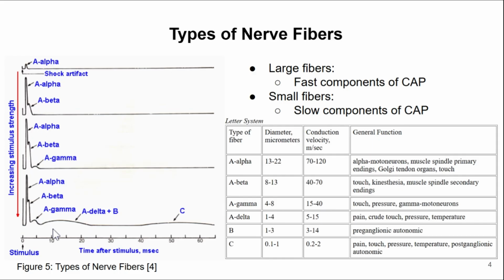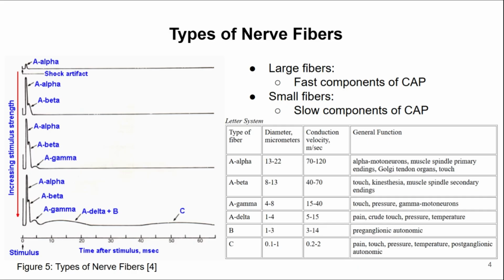The number of peaks is different, and there are some peaks at later times also, which are not present earlier. So we can see an A alpha peak at 2 millisecond, then A beta peak at 4 millisecond, and so on. So there are 1, 2, 3, 4, 5, and 6 different peaks present in this response.